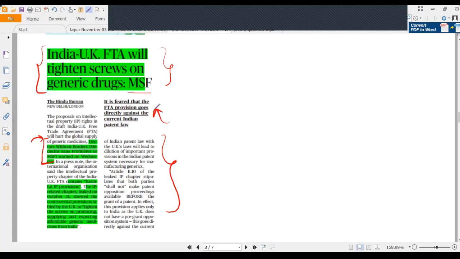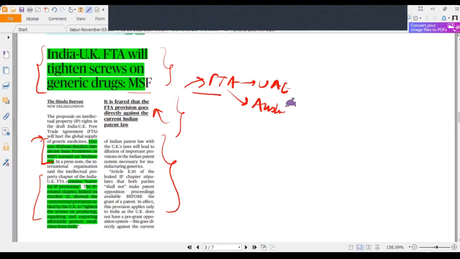So let's see the development around this news, as this is an alleged leaked document. In coming days you will see more about it. From prelims point of view, let me give you some more facts. India recently signed FTA with UAE, with Australia as well.